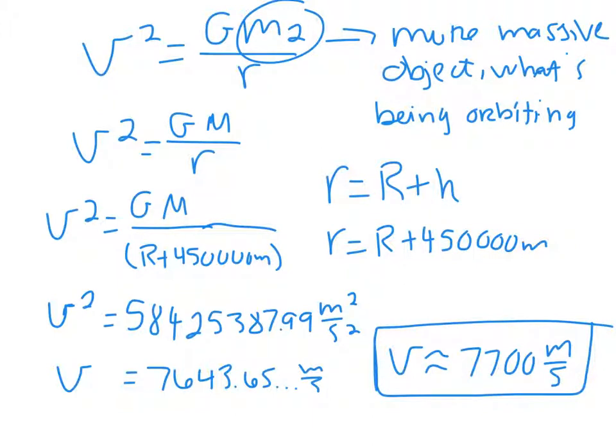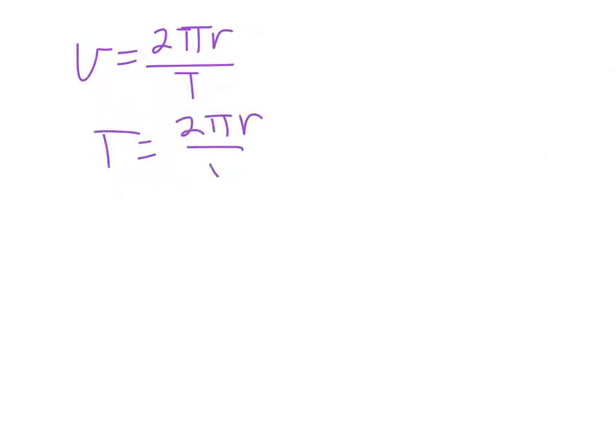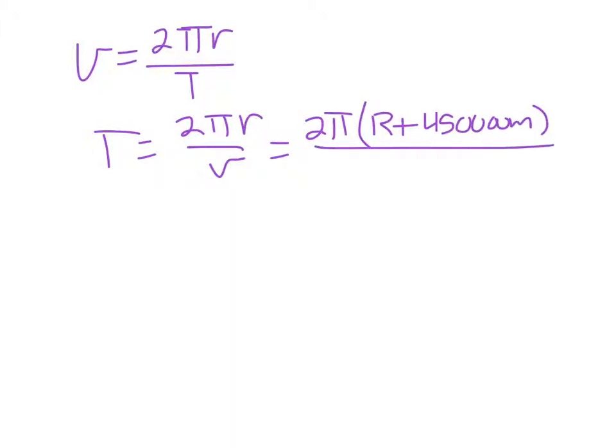The next question it asks us is, what is the orbital period? Well, we know that the only equation with period is v equals 2 pi r over T. So T equals 2 pi r over v. So period equals 2 pi times the radius, again, this is the radius of the Earth plus 450,000 meters, divided by the unrounded speed we just found, 7643.65, keeps on going, meters per second.